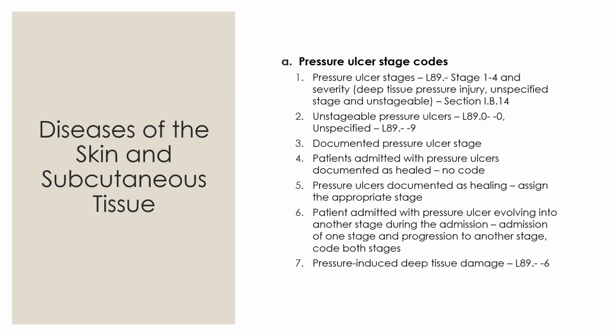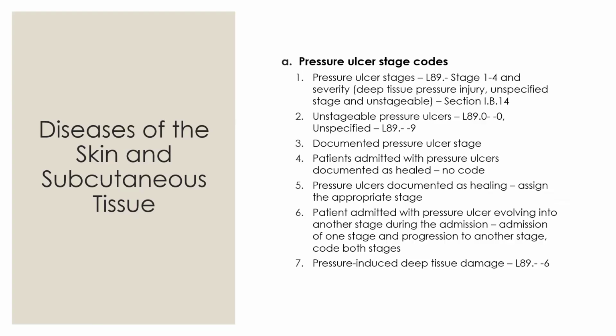It should be assigned based on the clinical documentation. These codes are used for pressure ulcers whose stage cannot be clinically determined. For example, the ulcer is covered by eschar or has been treated with a skin or muscle graft.